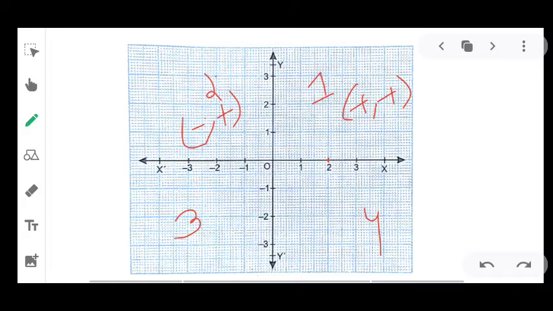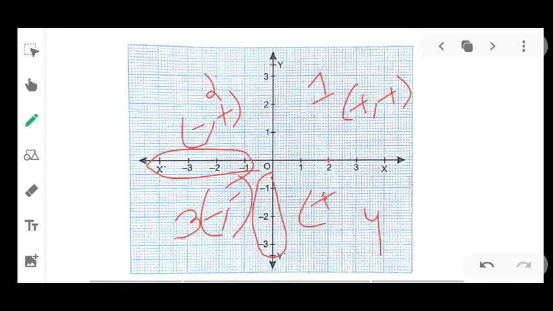Then the sign of the third quadrant will be minus minus. As you can see, on both the y-axis and x-axis, the integers are negative. That's why minus minus. And in the fourth quadrant, the sign will be plus minus.